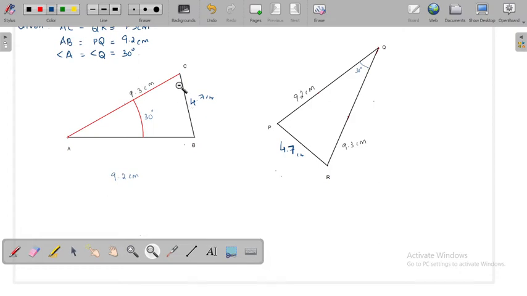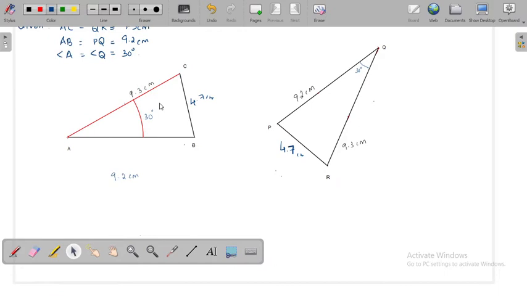So what about the third side? Will that be also equal? Because based on CPCT, ma'am. No, we haven't yet proved that these triangles are congruent. We are checking. If two figures are congruent, then their sides, measurements, everything will be equal. So we are just checking here.